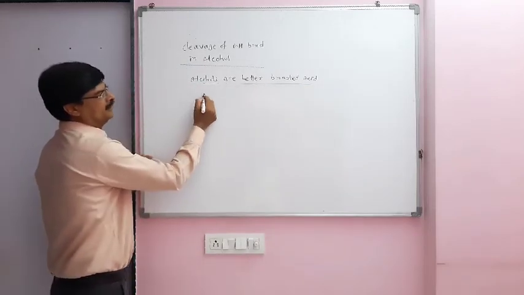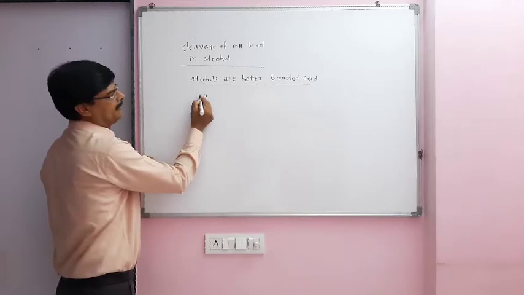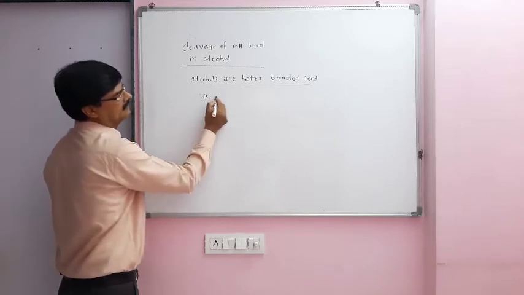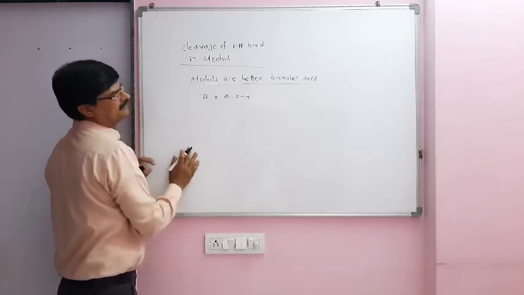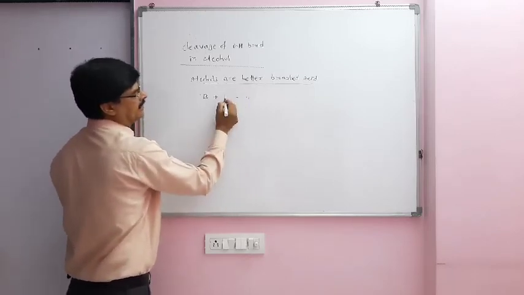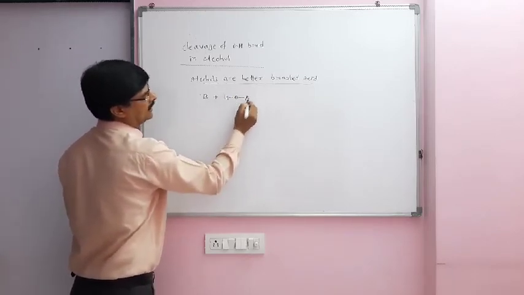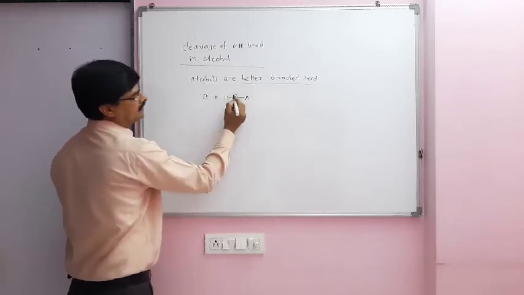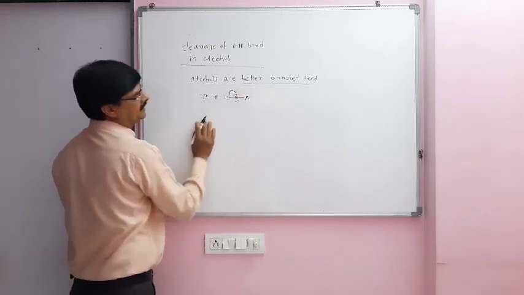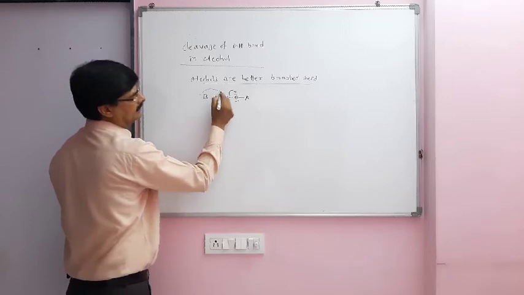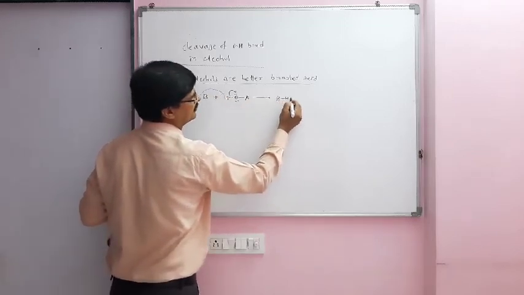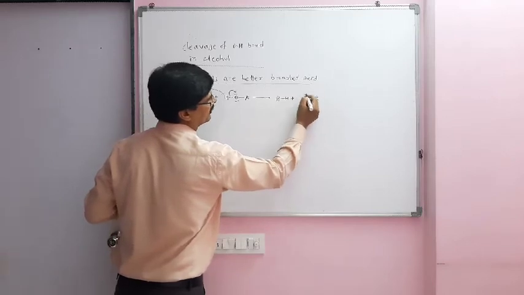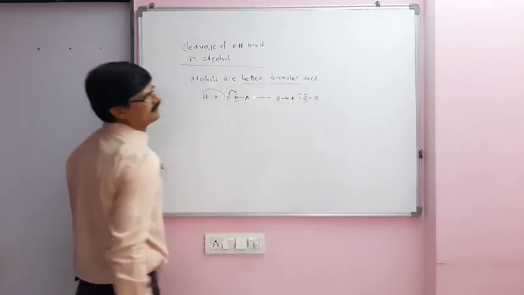Let us take example B, that is any base, plus alcohol ROH, or we can take HOR. The bond is shifted here and attacks. So we will get BH plus OR minus.